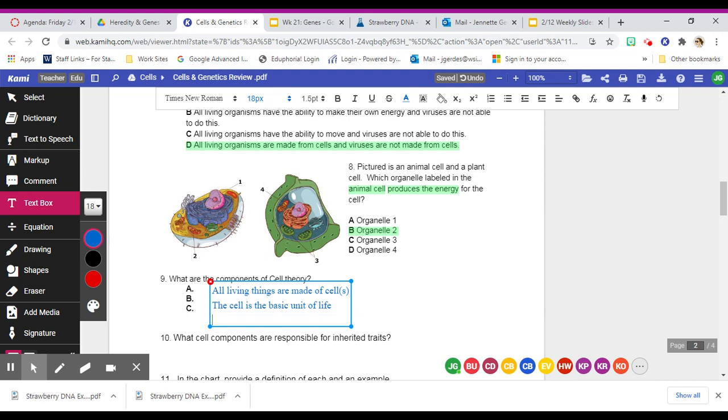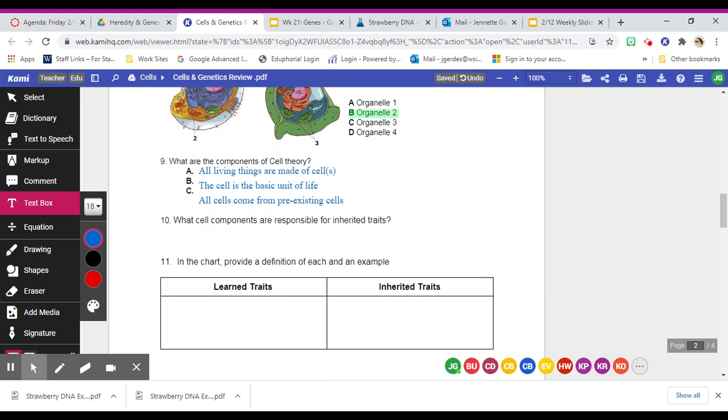And the last part, all cells come from pre-existing cells.